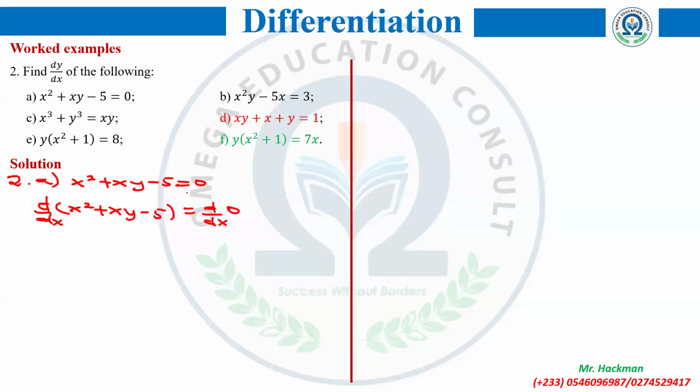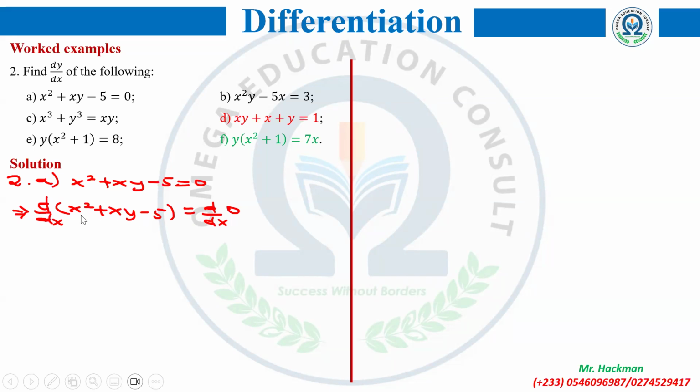Because the information we extracted involves an equal sign, you are advised to start with the implication sign. Or, better still, you can ignore it, but as you are entreated to use that sign, let's use it. In this case, your operator is affecting three terms on the left-hand side: x squared, xy, then minus 5.